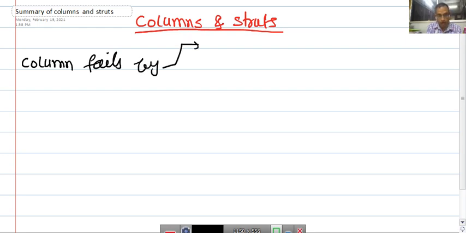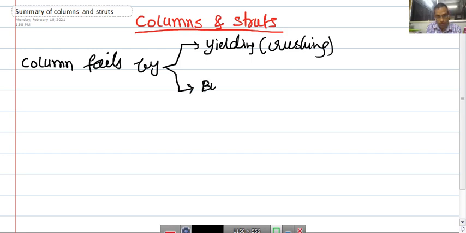One, by yielding, which is also called crushing. So, a column may yield or crush. Another way is that a column may buckle.